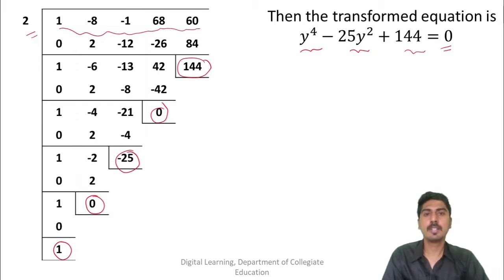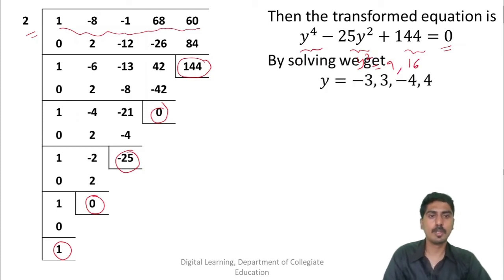This equation is a quadratic equation in y square, so we can easily solve this by using the quadratic formula. We get y square is equal to 9 or 16. So y should be equal to minus 3, plus 3, minus 4 and plus 4.